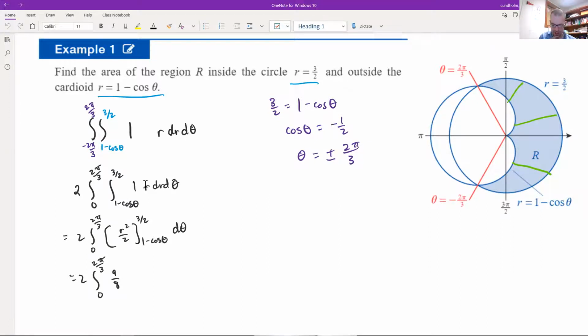And then minus 1 minus the cosine of theta squared over 2 d theta. Yeah, we're going to have to multiply that out. Is there something that I could do here? Well, we can multiply that 2 in. That would be nice. All right.